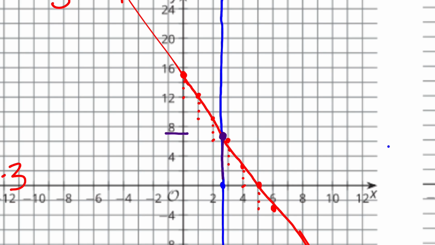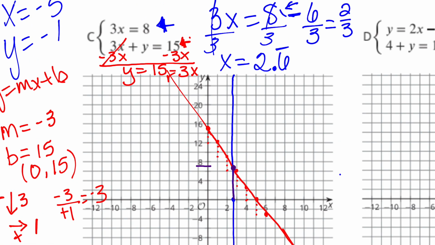Okay, so it should be your y value, or your x value, sorry. Your x value, I'm going to give you a little thing here. If your x has a specific value like it does up here, your x value is always going to be the number you got right here. X is 2.6 repeating. So this coordinate is going to be 2.6 repeating, comma.